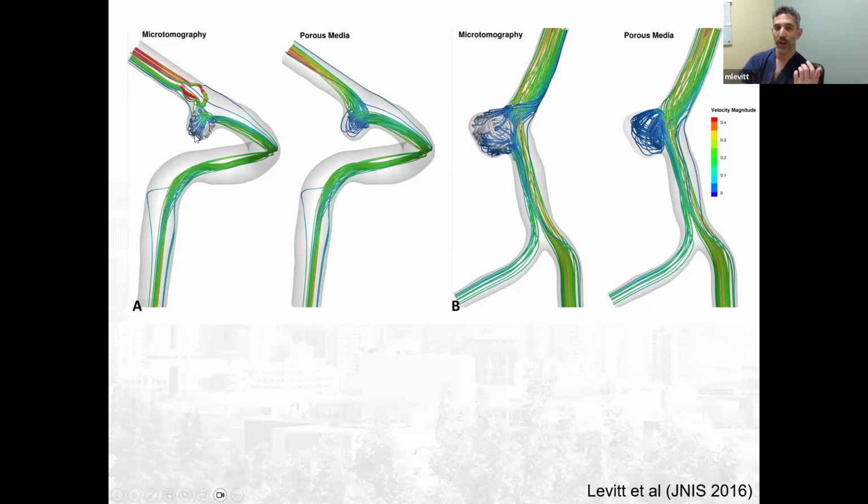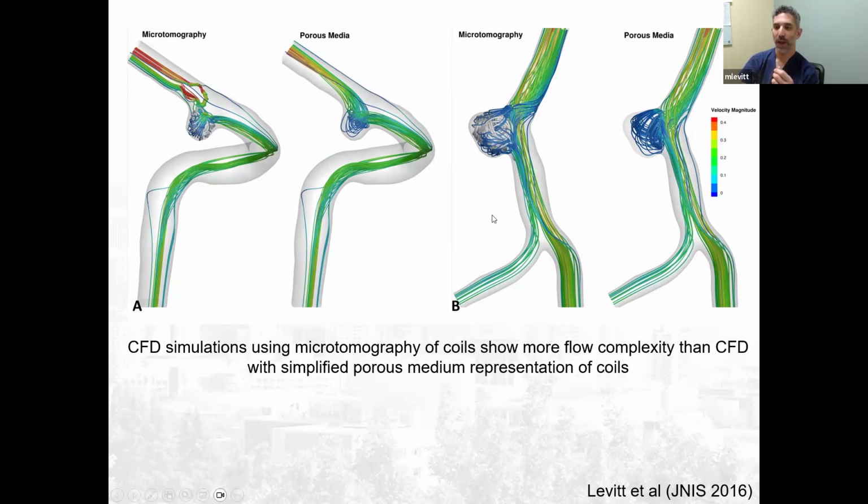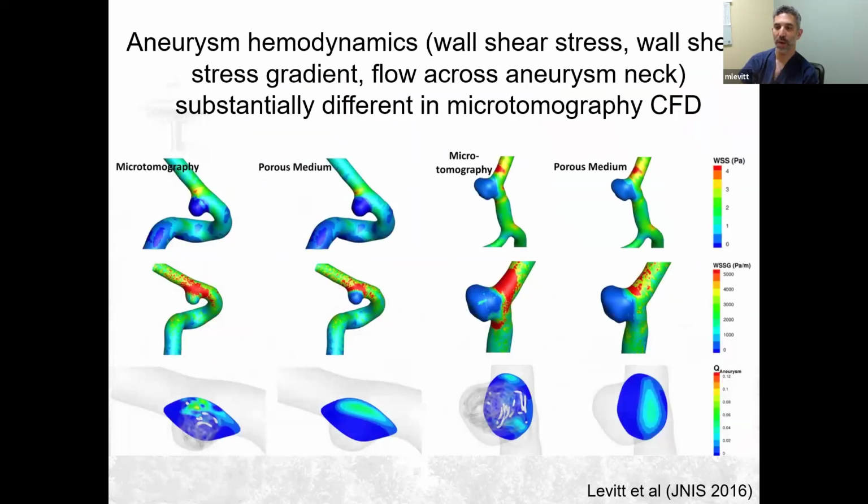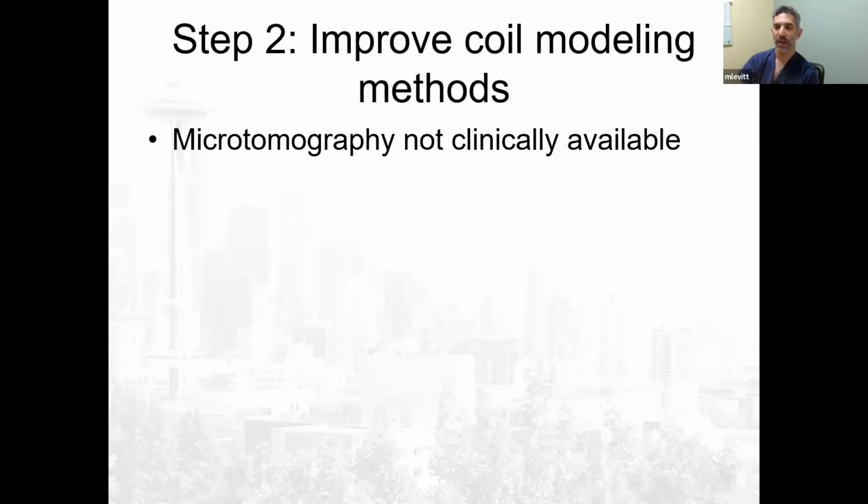Here with this method, we can actually place an actual picture of the actual coils in place. And you can see that there's a really big difference in how we model flow with a computer if we have the real coils. And we showed that this had a big change in sort of the accuracy of the modeling. And we then developed a way to sort of model this more accurately in people.